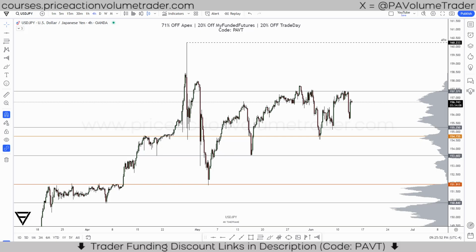Okay, and for this, I use my rectangle tool, and I have some templates preset. So right here off the bat, you can see we have this high volume node right over here, and we have huge resistance. So I'm gonna mark off this edge right here in red.